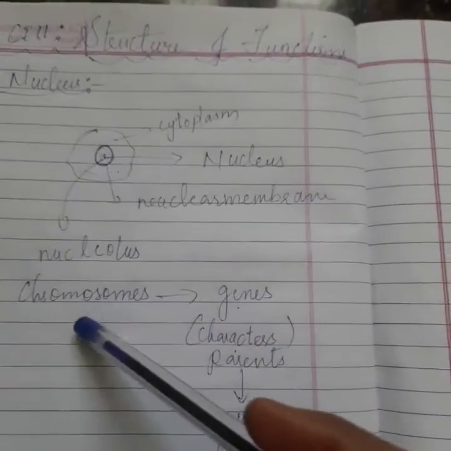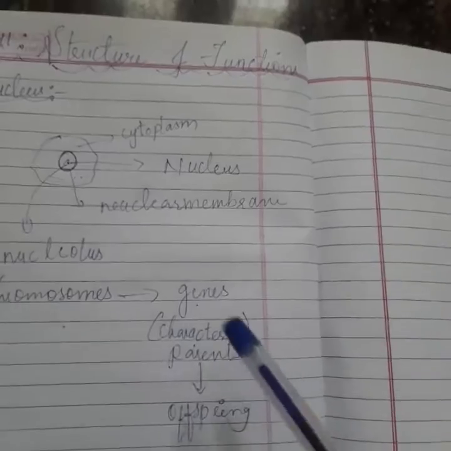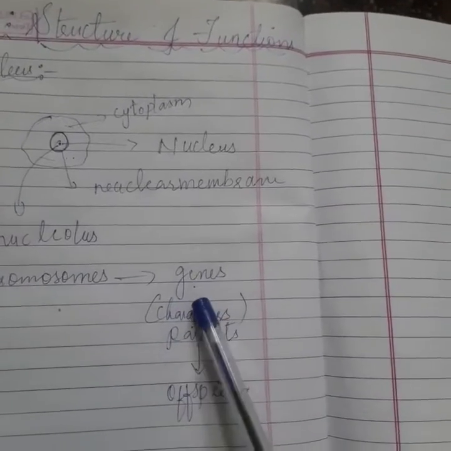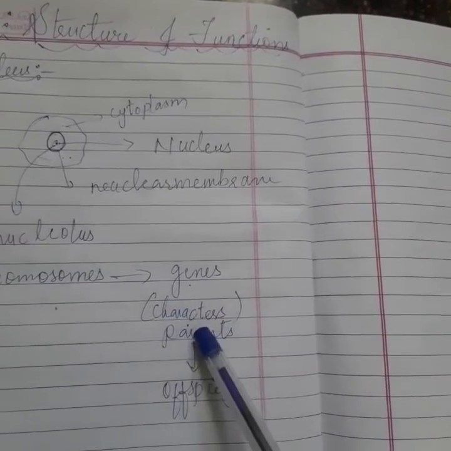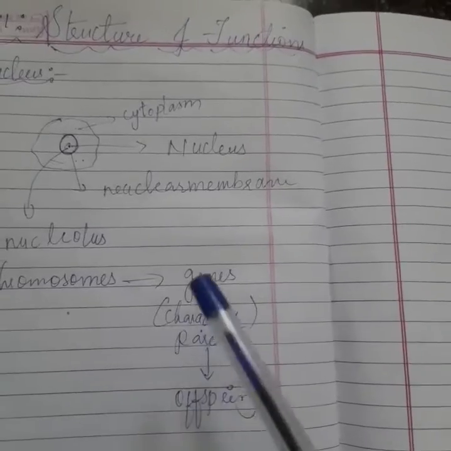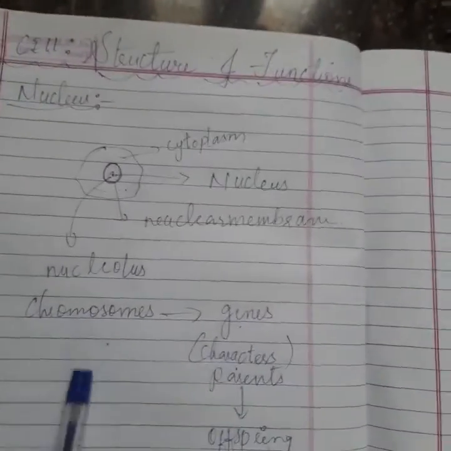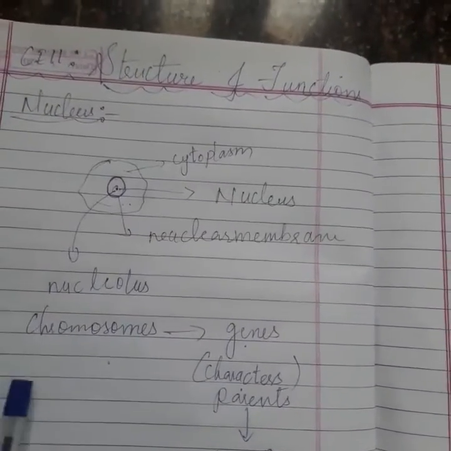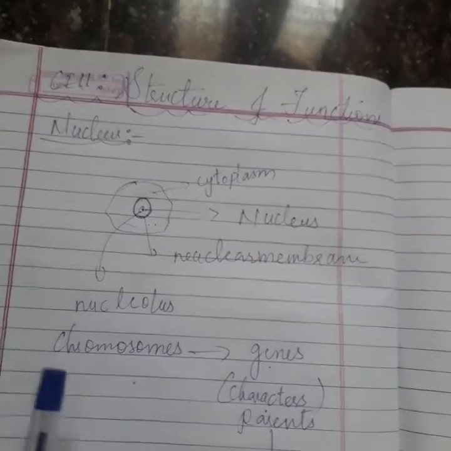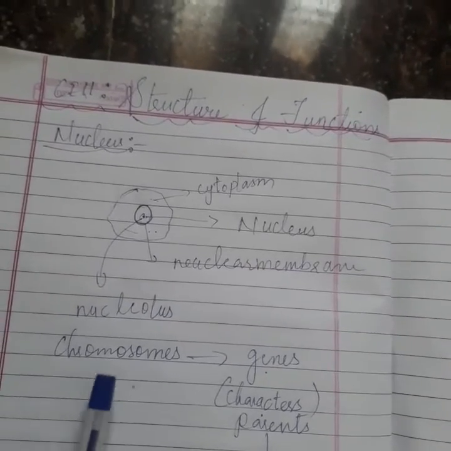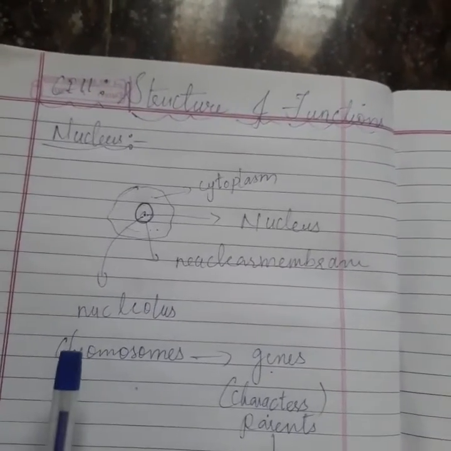Means these chromosomes carry genes which help to transfer characters of parents to their child. Understood? And these chromosomes can be seen only when the cell divides.